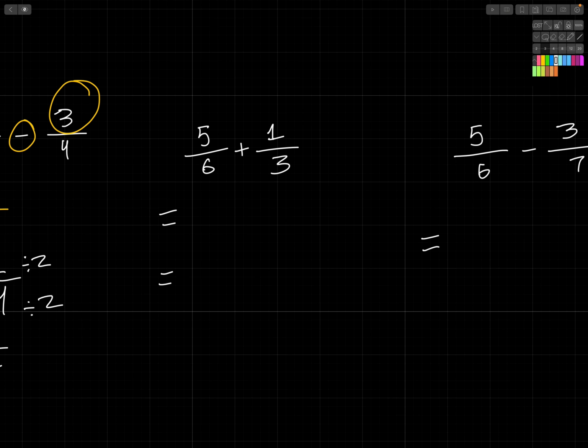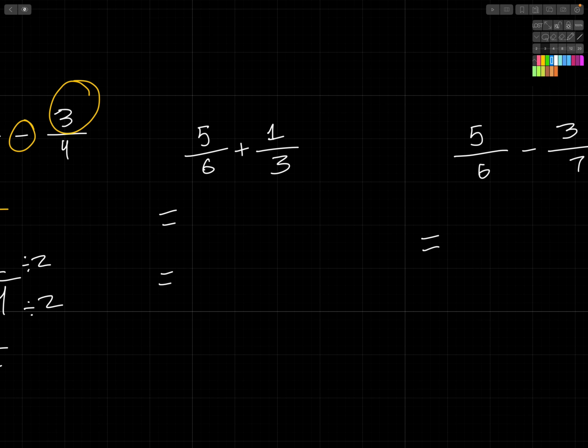Now let's do addition, but the denominators, you can tell, are not the same, right? So you want to make the denominators the same without turning them into decimals. You do not turn fractions into decimals.